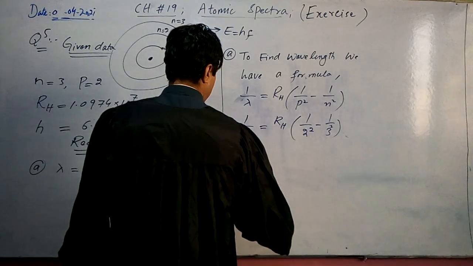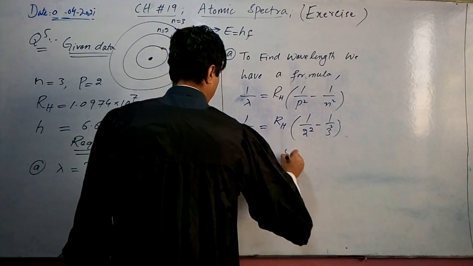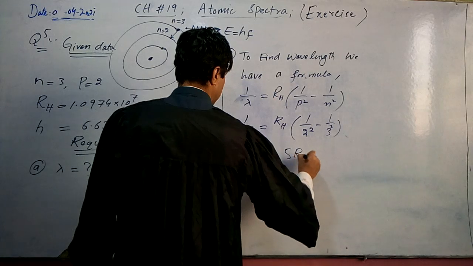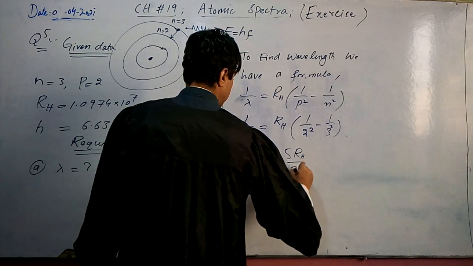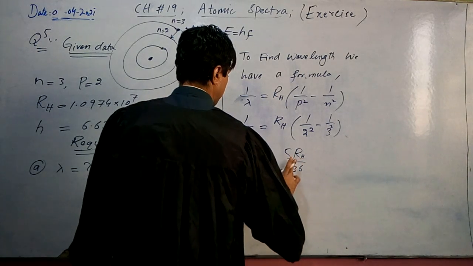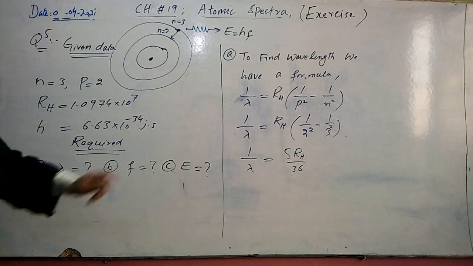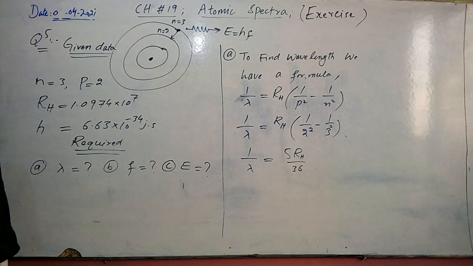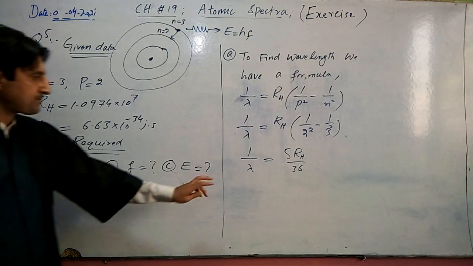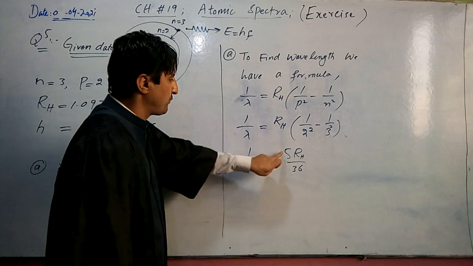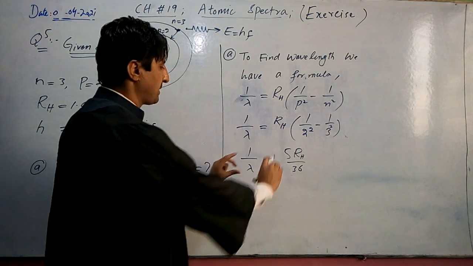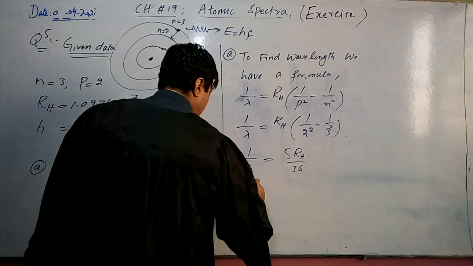So 1 upon lambda is equal to 5 RH divided by 36. By taking the reciprocal of this, we get lambda.